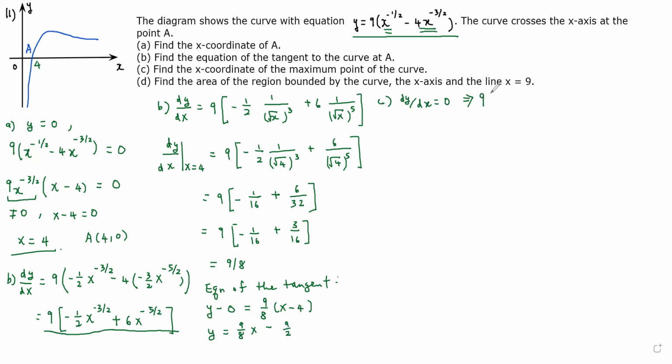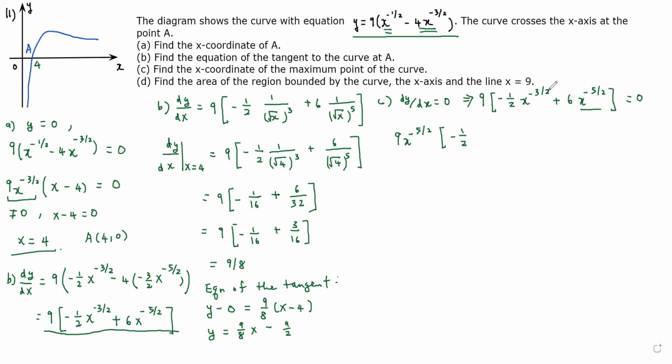So we have 9 times negative 1 over 2, x to the negative 3 over 2, plus 6 x to the negative 5 over 2. This is set to 0. And in order to solve for x, we need to factor out the x with the greatest negative exponent. So that will give us 9 x to the negative 5 over 2. We have negative 1 over 2.